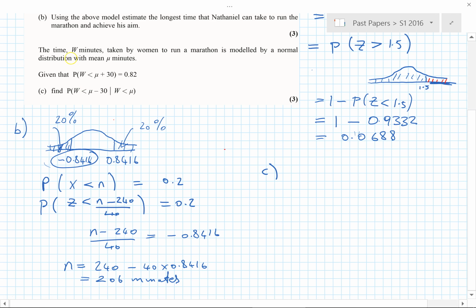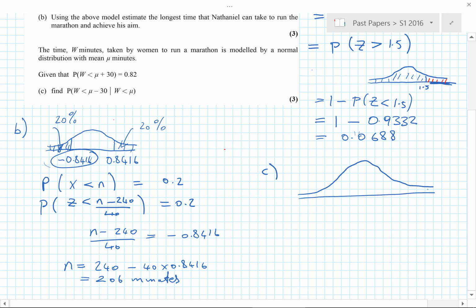The times for women are normally distributed with mean mu. It doesn't tell us the standard deviation or anything, but it does give us that the probability that W is greater than mu plus 30 is equal to 0.82. So I'm going to draw my bell curve.